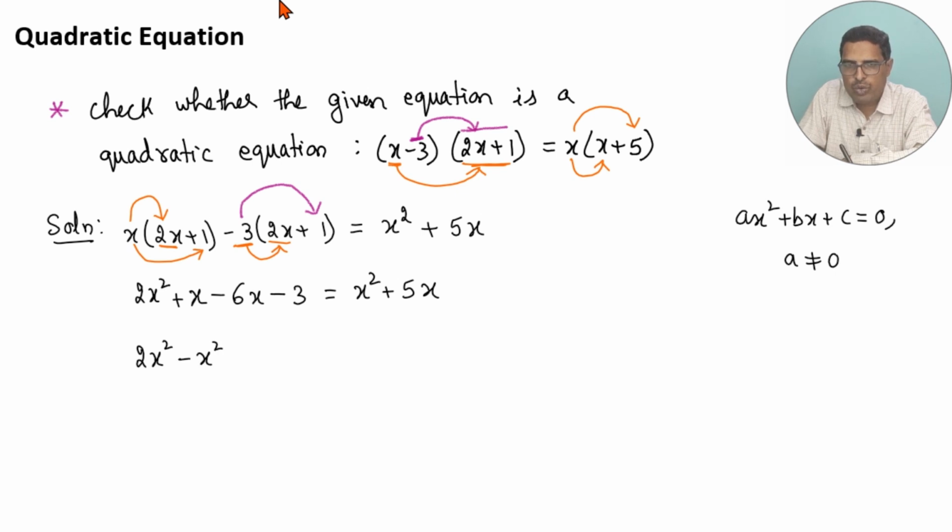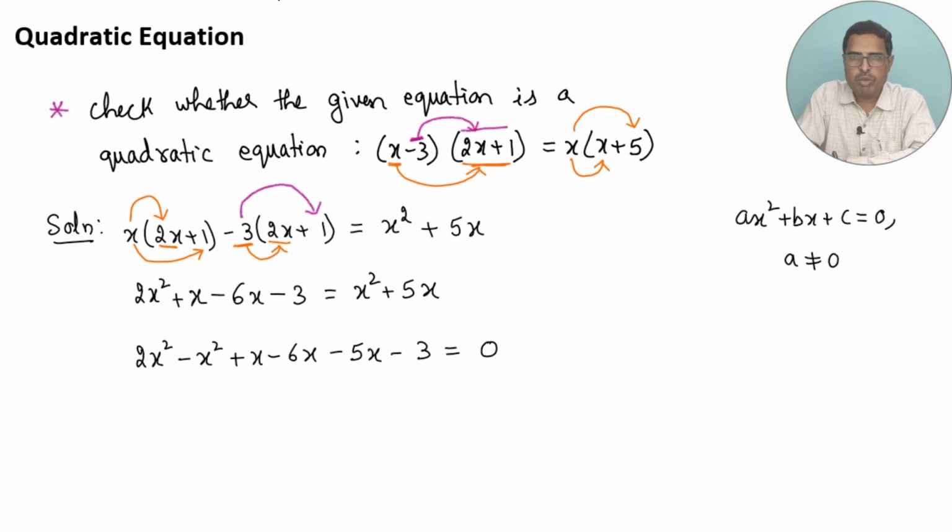I'm just trying to group the x² values together. So x² I'm writing first over here. Then the remaining values, +x − 6x, I'll write as it is. Both are x values. You have one more x value over here: +5x, when it comes on this side, becomes −5x. And here you are left with −3. −3 is equal to 0.